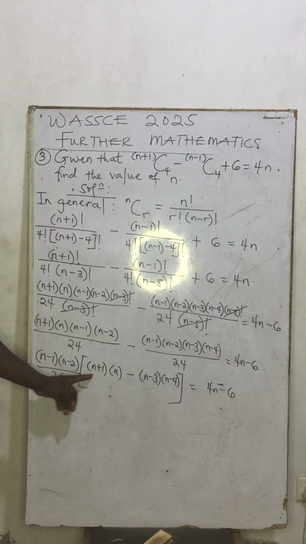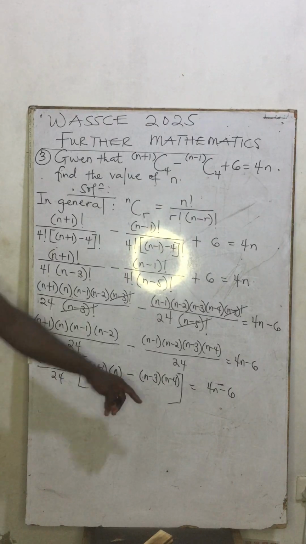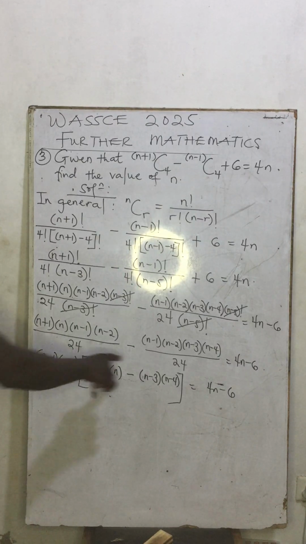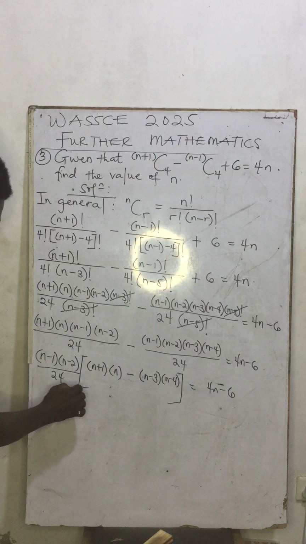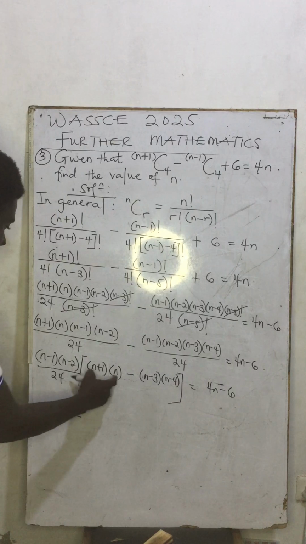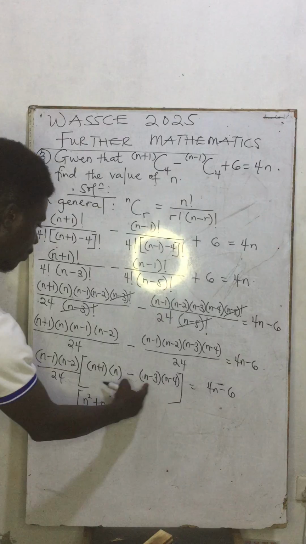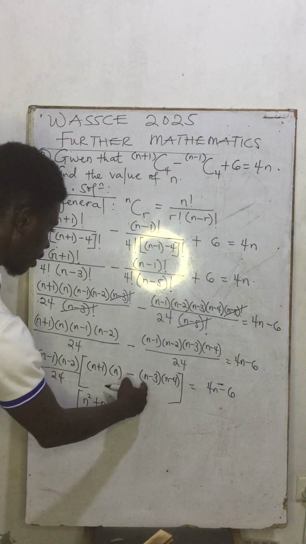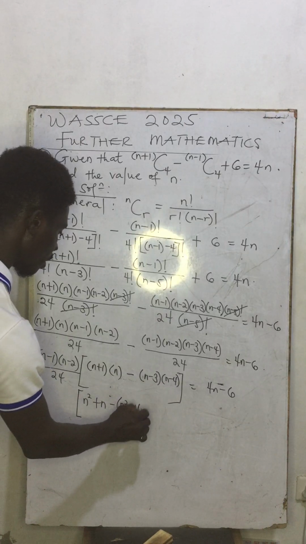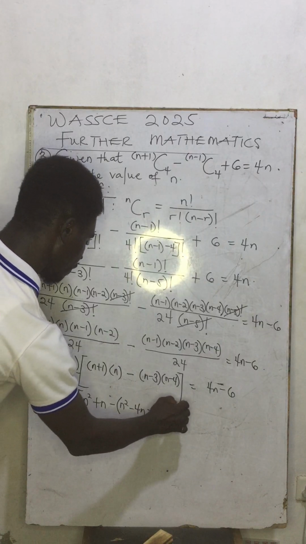So when we multiply, we still get that, then all over 24. Now let's open here. When we open, we get n squared plus n minus, open bracket, this one will give me n squared minus 4n, then minus 3n plus 12.